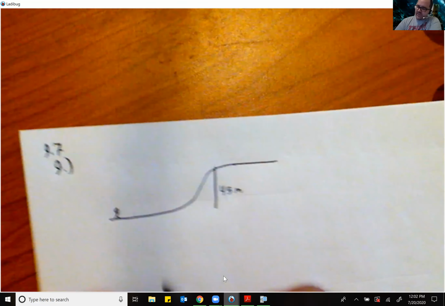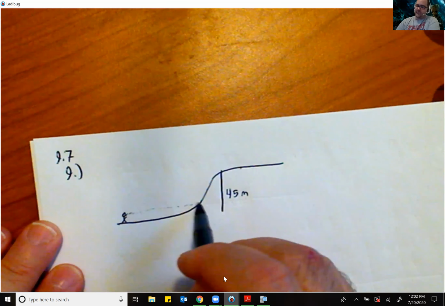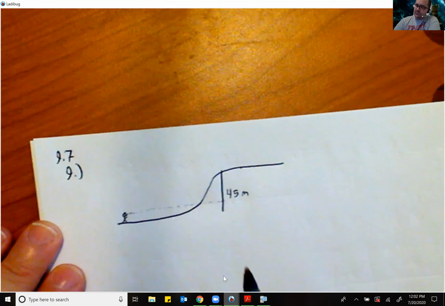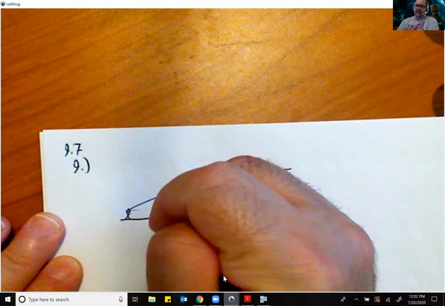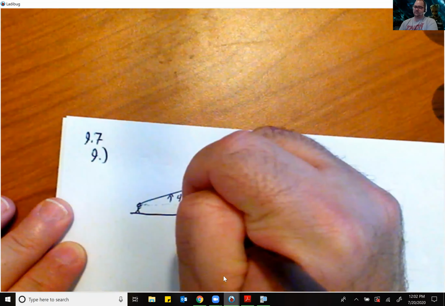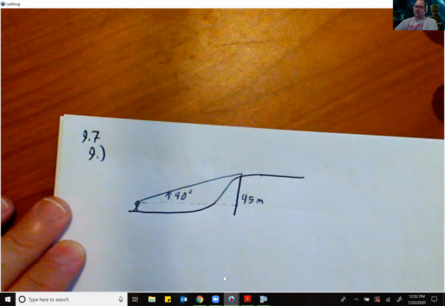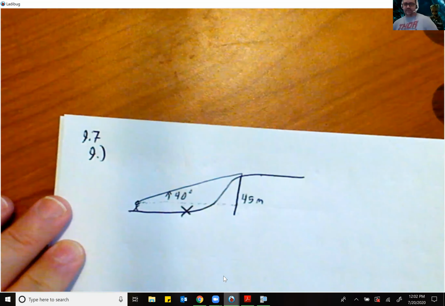Angle of elevation, it said. Remember, angle of elevation, there's that horizontal line from your eye, and as you look up, that angle of looking up is 40 degrees. They want to know that guy. How far are you from this?